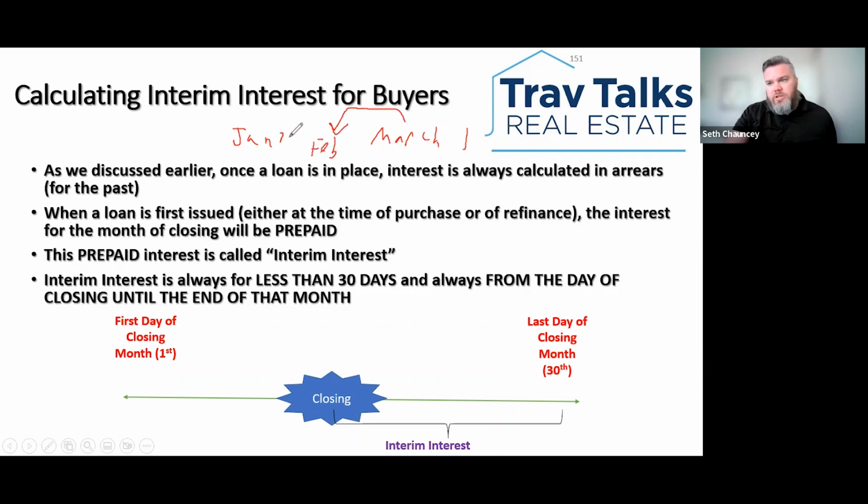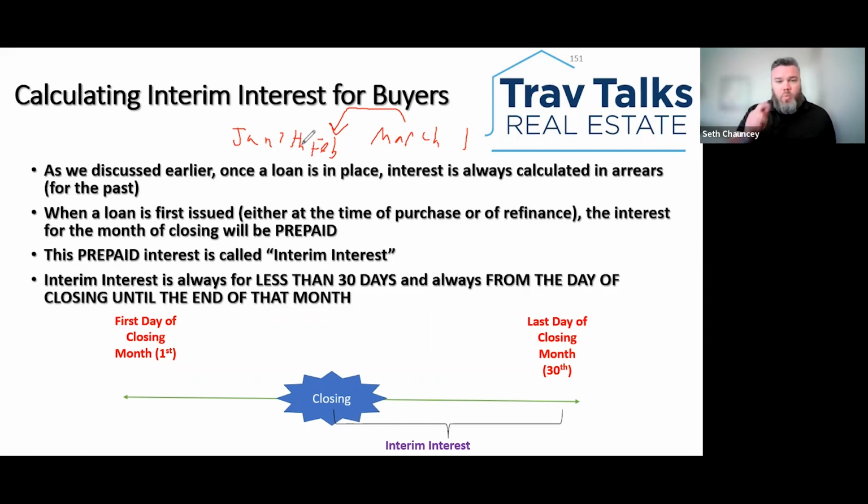Well, if you're closing on January 7th, that means that there is a bunch of days that they didn't get interest for. And so they say, I started lending you money on the 7th, pay me money for the days I let you borrow in January. And the reason they do this is because if they were to put it on any of your payments, then your amortization schedule doesn't work. I told you amortization is a very complex thing. The payments are the same.